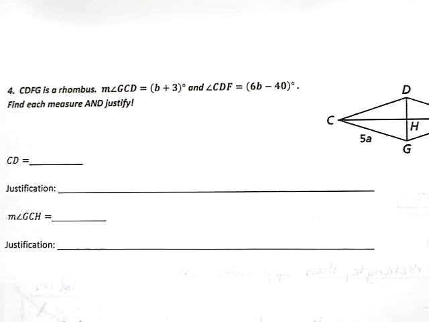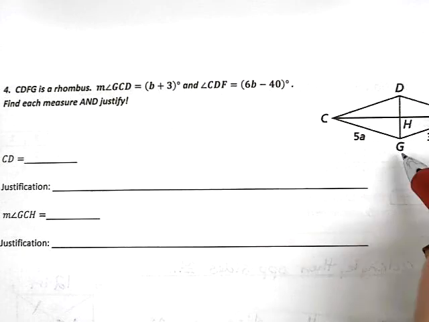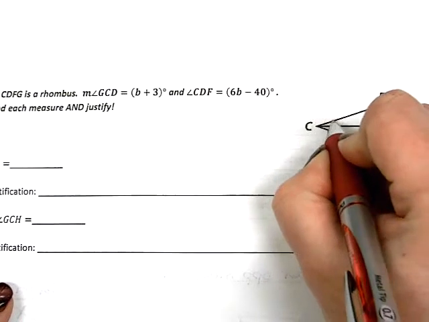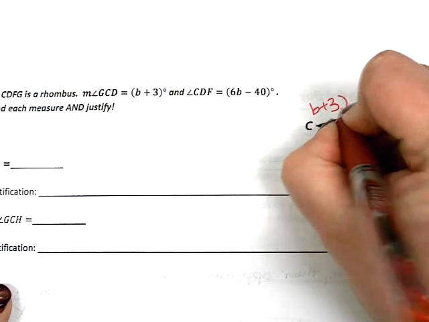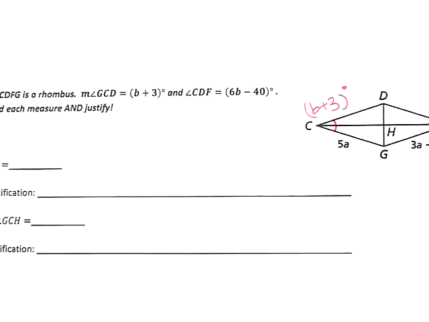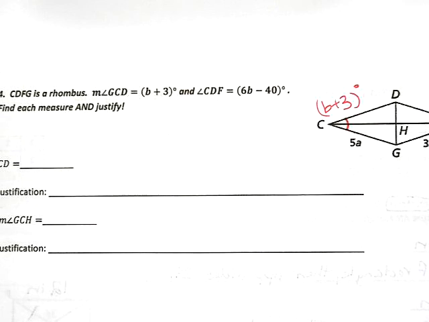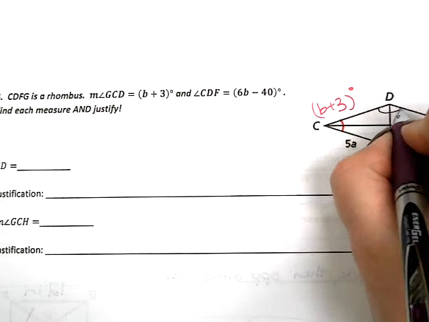And we are given that the measure of angle GCD, this angle, I'm going to use pink, is b plus 3. And we were also given that angle CDF is 6b, so I'm going to use purple for that one.